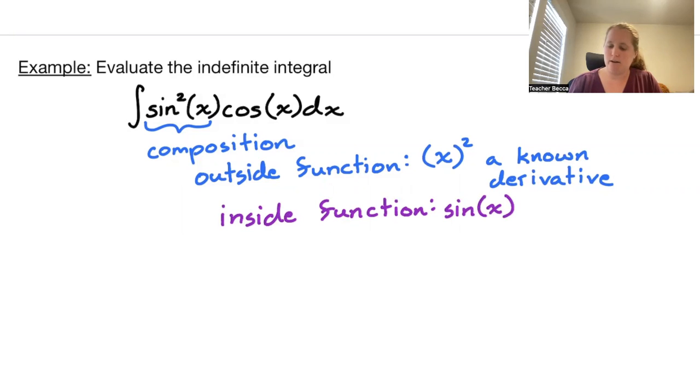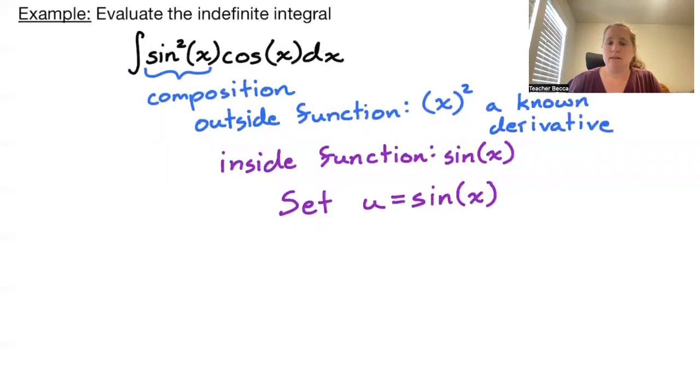So we will go ahead and try setting u to be sine of x. That means then that our du is derivative of sine of x is cosine of x, and then times dx.